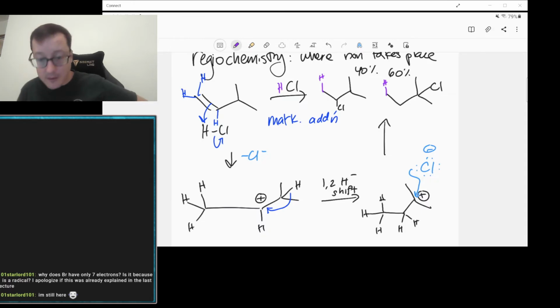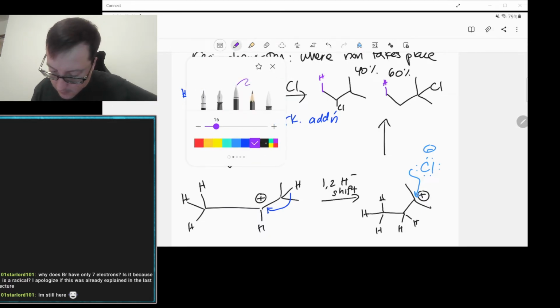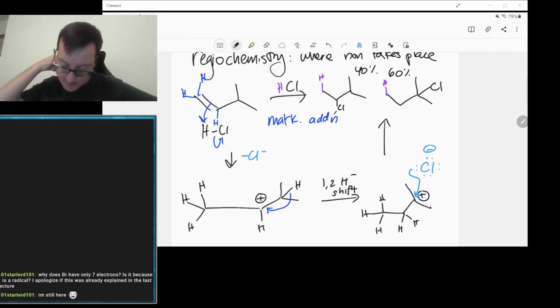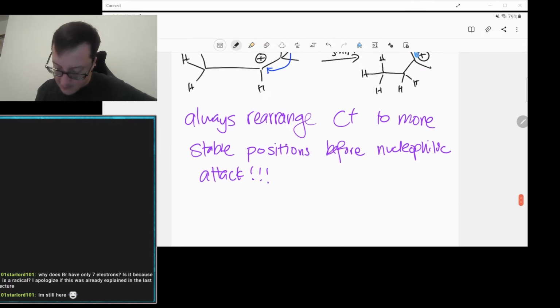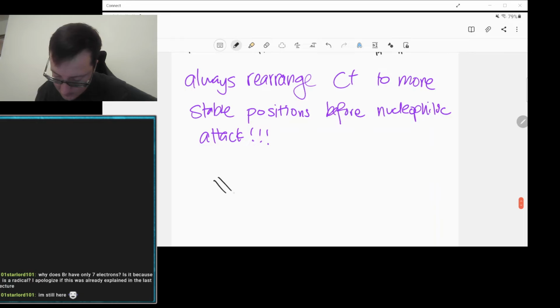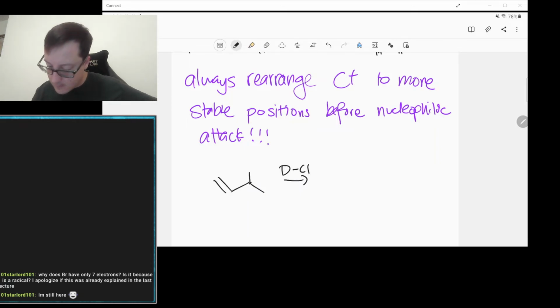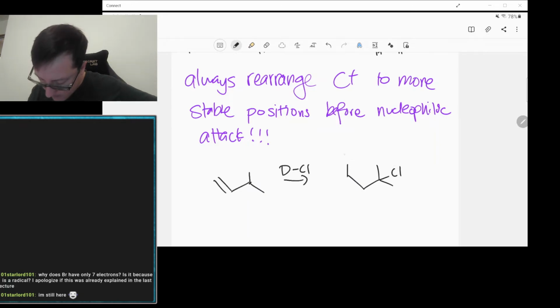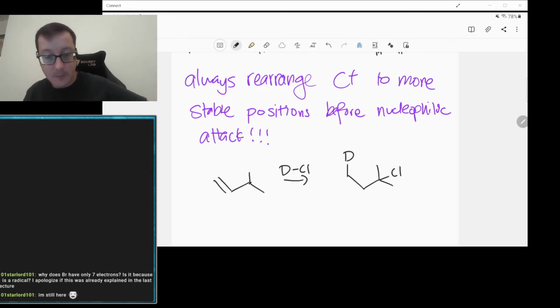And how do we know this happens? Well, we can label it isotopically, because if we take this and put it with deuterium chloride, we end up with the deuterium on that position.